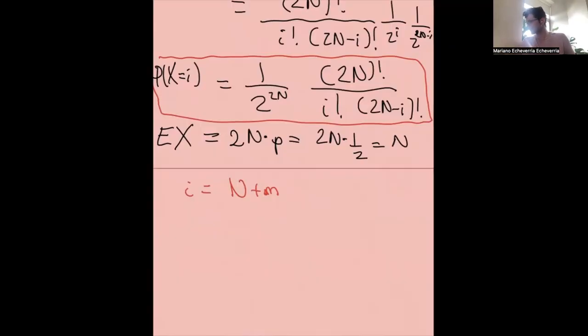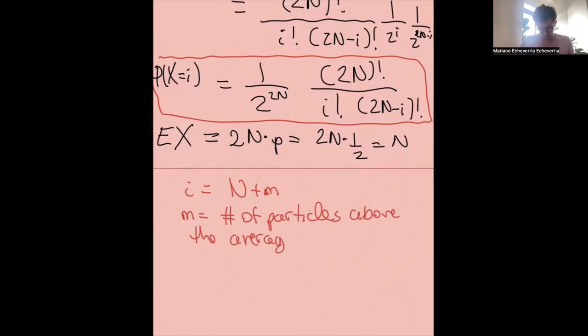So I'm symmetrizing it. It's better to measure quantities with respect to the average than with respect to zero. It's more natural here, the number n.